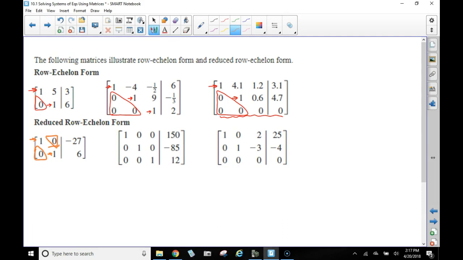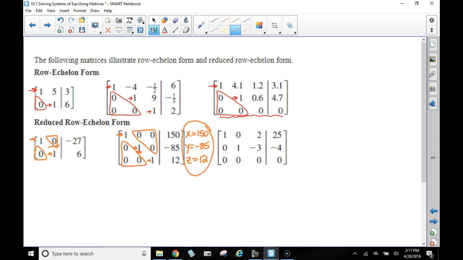So here, this is not only in row echelon form, it is also in reduced row echelon form because of the zeros above. Okay, and I love this form because I'm telling you right now, you can look at this and see what the solutions are, okay? X is 150. Y is negative 85, and Z is 12.